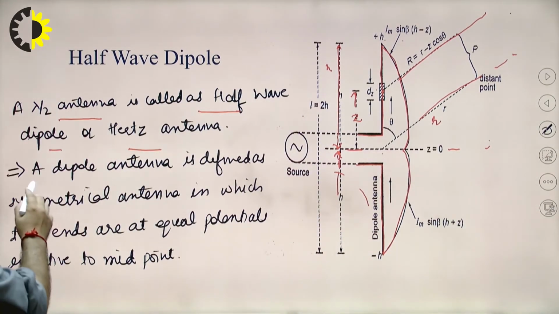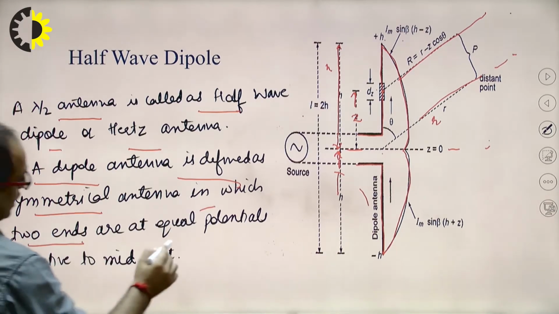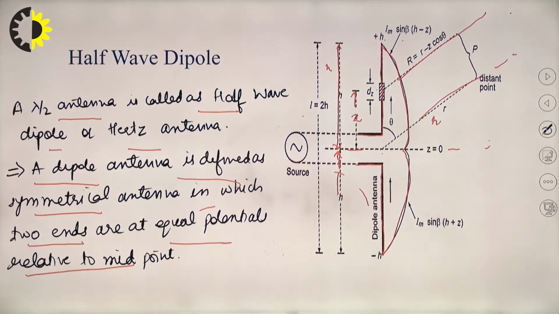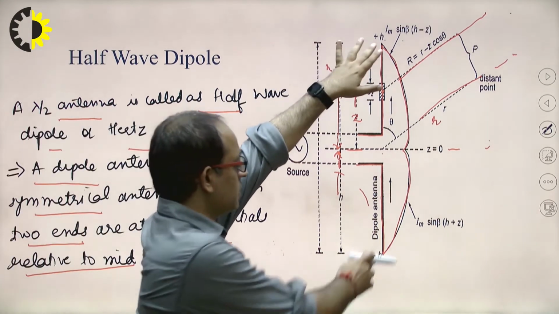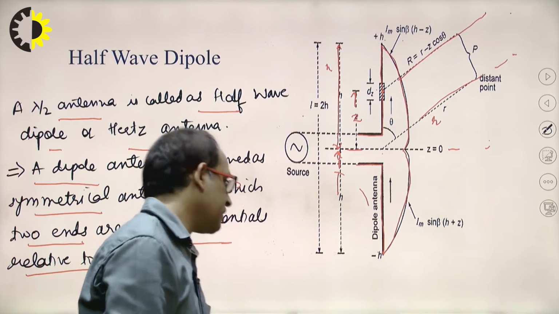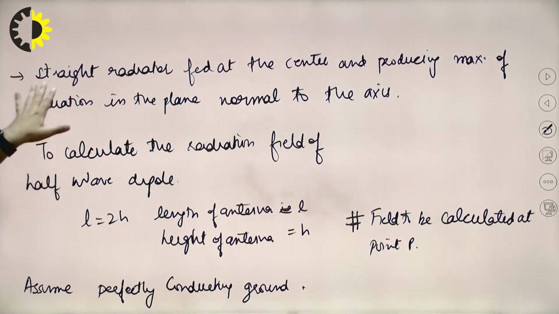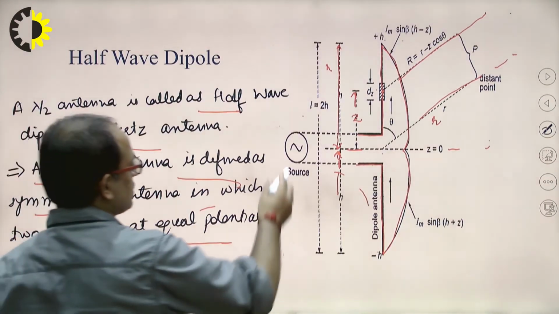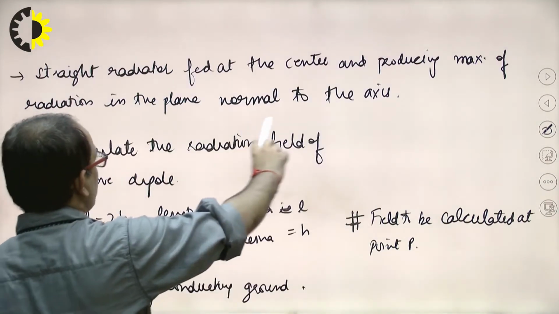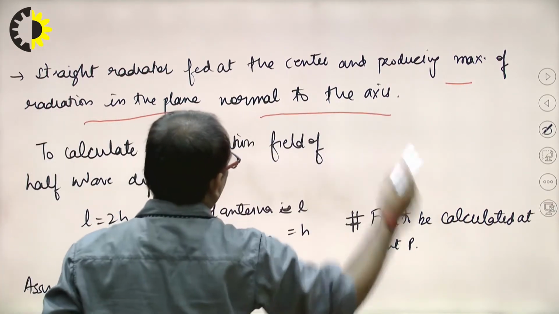A dipole antenna is defined as a symmetrical antenna in which the two ends are at equal potential relative to the midpoint. Now, a straight radiator fed at the center produces maximum radiation in the plane normal to the axis.